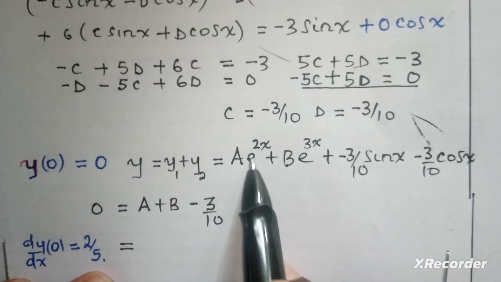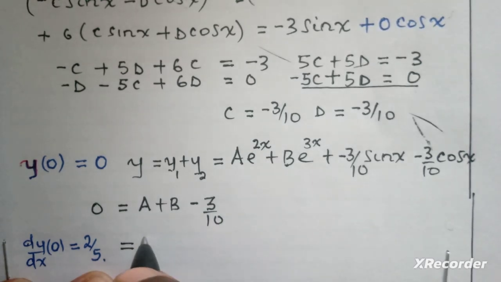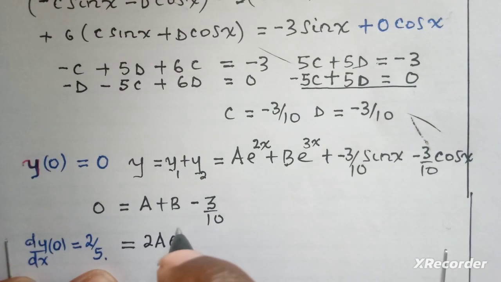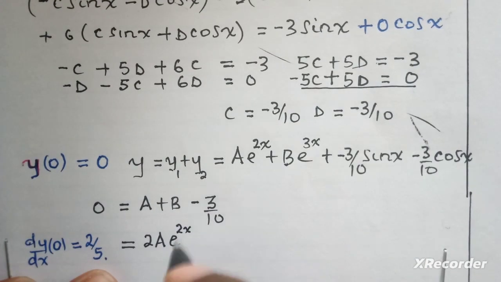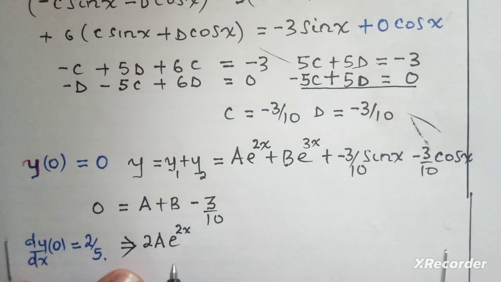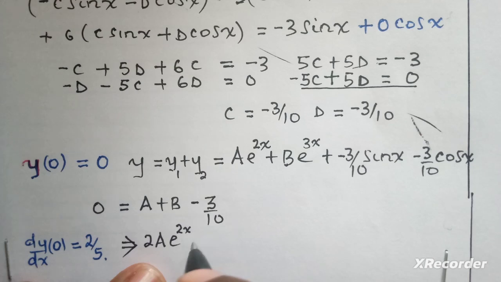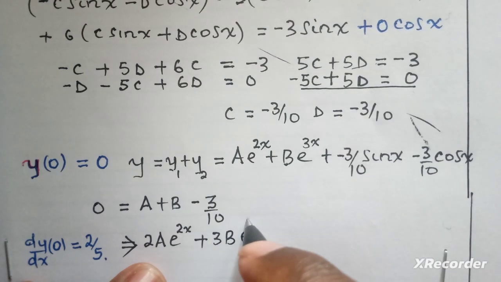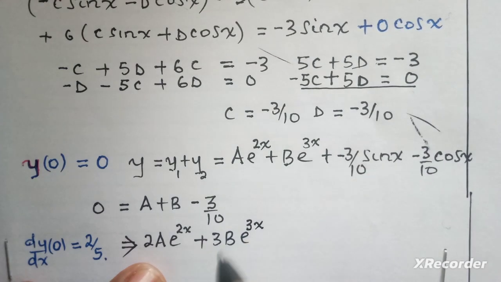So this one is going to be 2a e raised to 2x, like that. This one we are finding the dy/dx, plus, now this is going to be 3b e raised to 3x, like that.